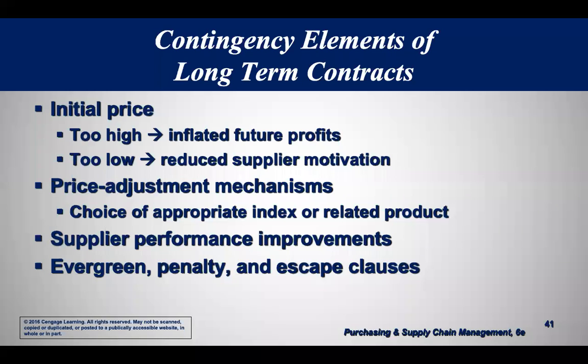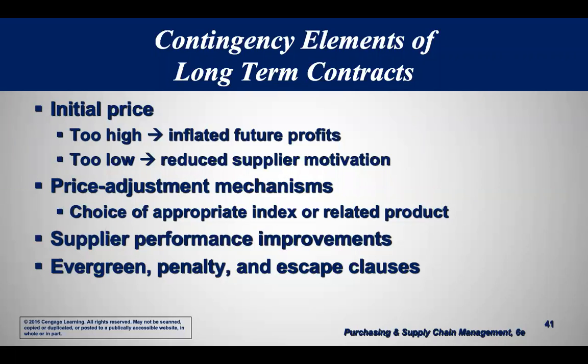If you make your initial price too high, and it's one of the things that you're going to adjust, say on the fixed price today, and we'll inflate it by 2% a year, 3% a year, which might be fine for you as a buyer. But if your initial price is too high, then you're paying too much today and you're escalating it.